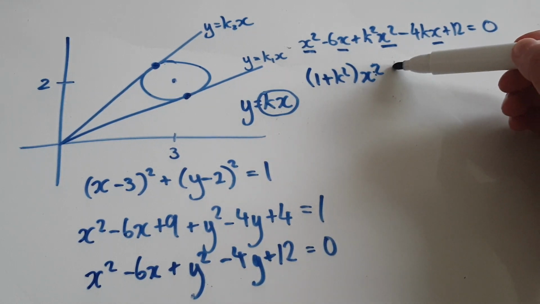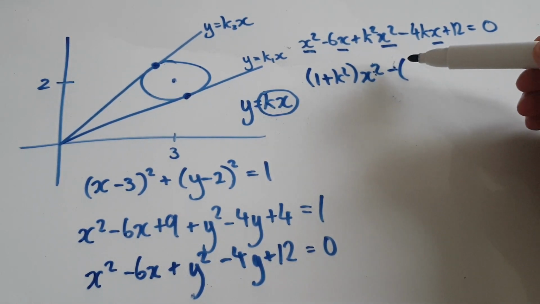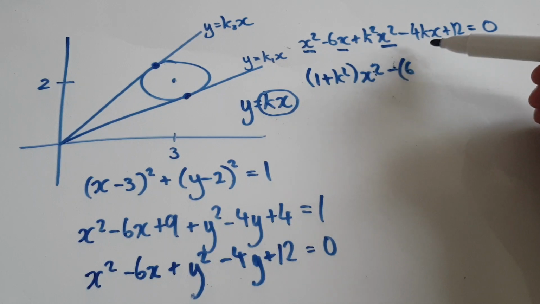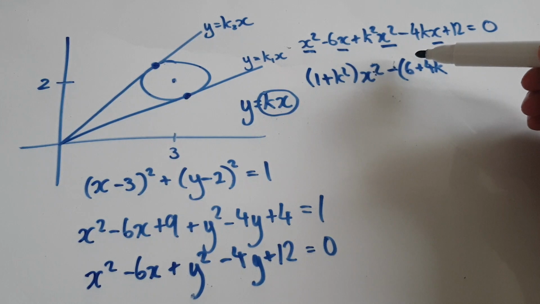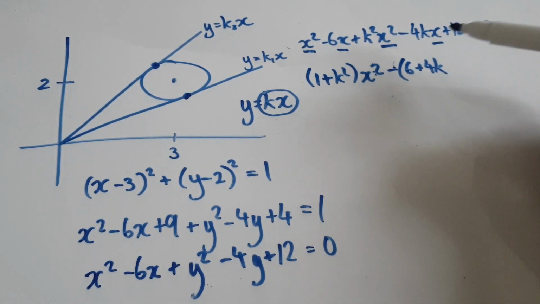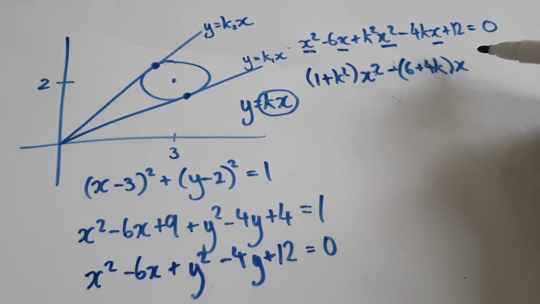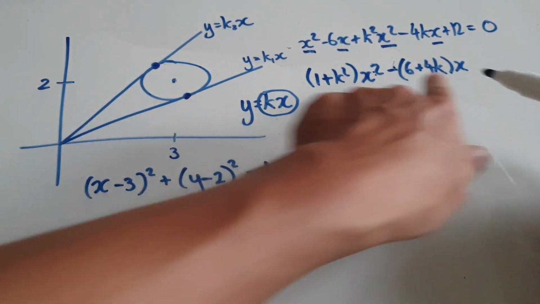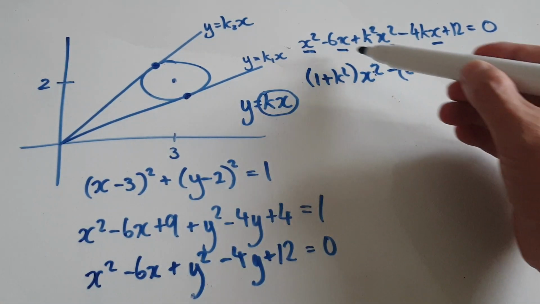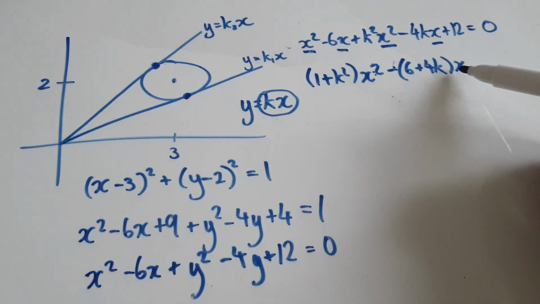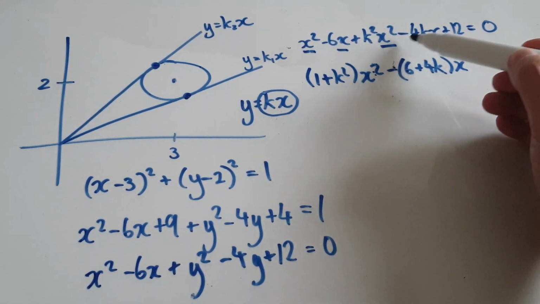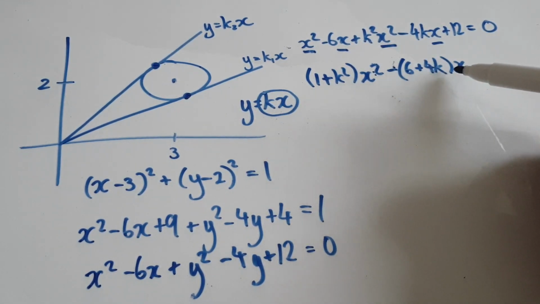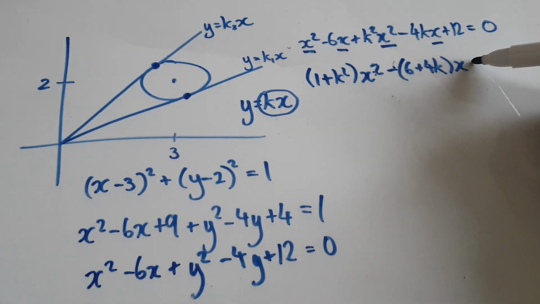So merging them together would then give us this: minus 6 plus 4k, and then x, because x times 6 with a minus would be minus 6x. X times 4k with a minus would give us minus 4kx. So we basically factor out the x. So now carry this 12 down, equals 0.